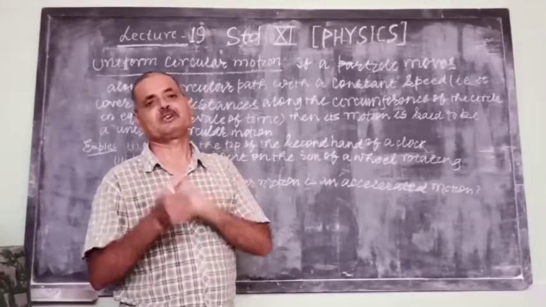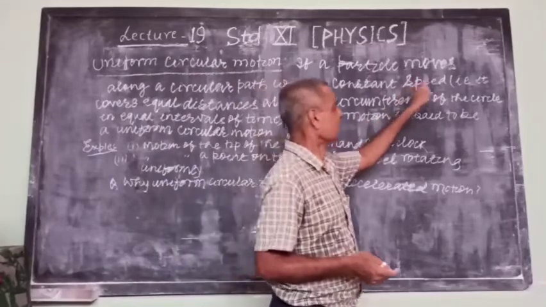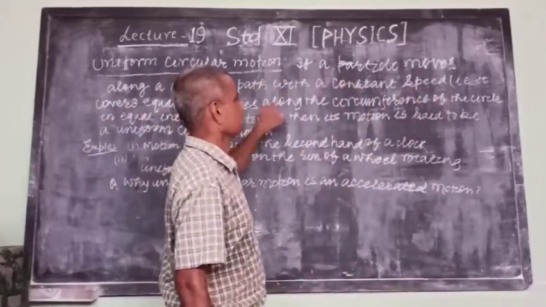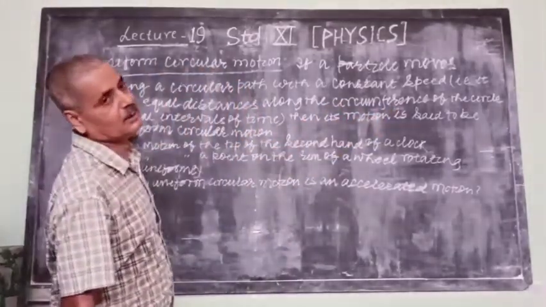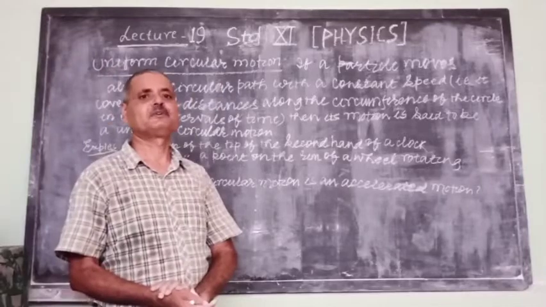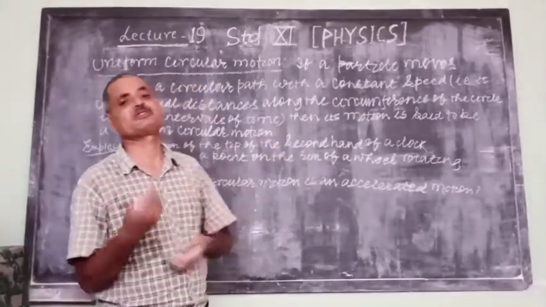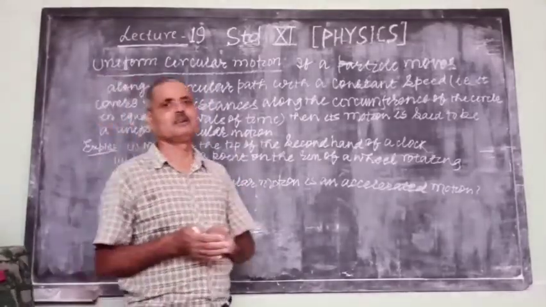So you will write: constant speed, that is, it covers equal distances along the circumference of the circle in equal intervals of time. Then its motion is said to be uniform circular motion.